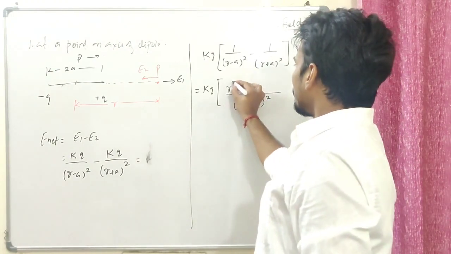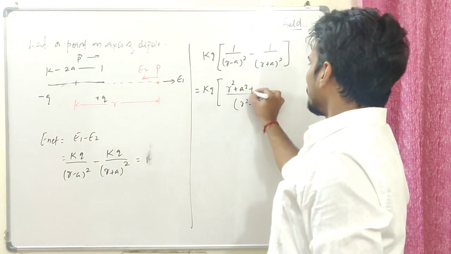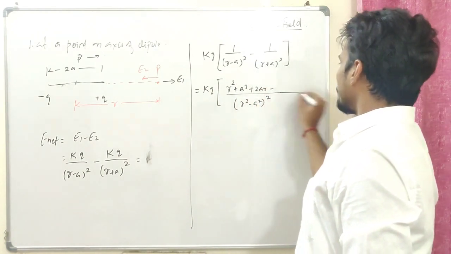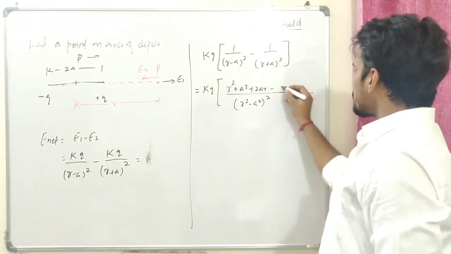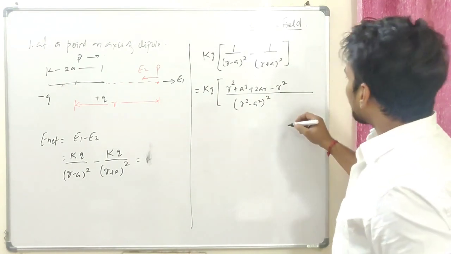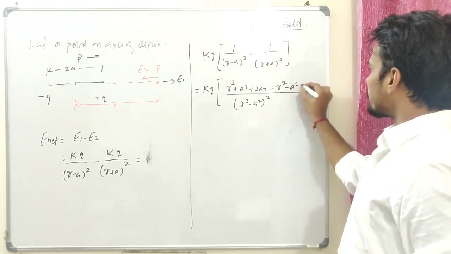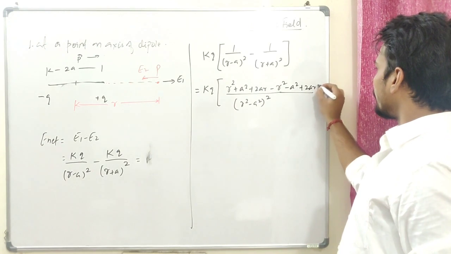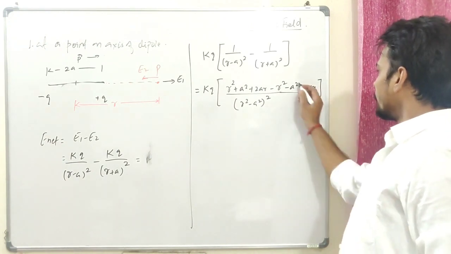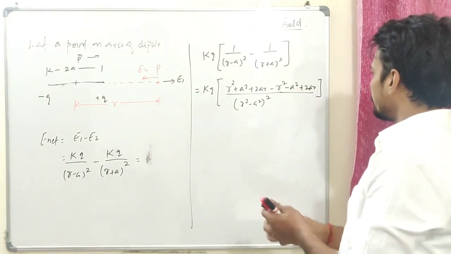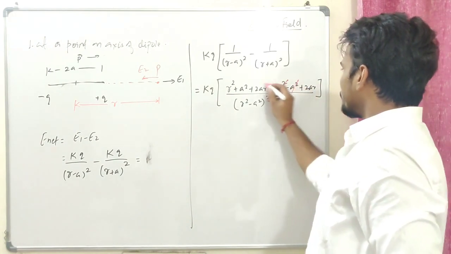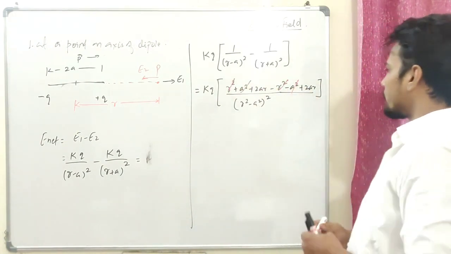Here I'll have r square plus a square plus 2ar minus, I'm doing it skipping one step, r square minus a square plus 2ar. That's not a problem. These two will be cancelled. The cancellation, I'm going to use a different color for better understanding.